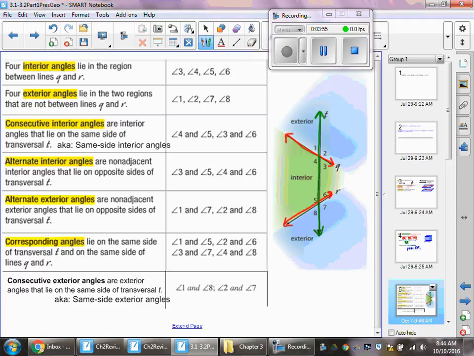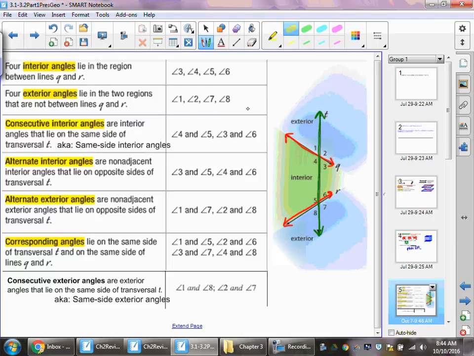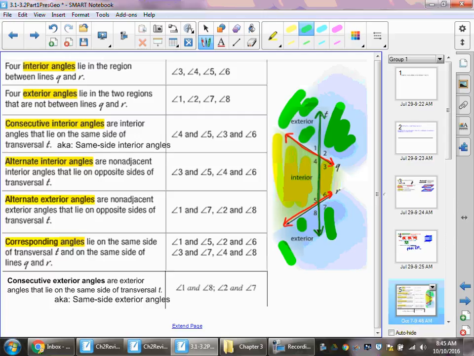Two lines cut by a transversal have special names for all the angles it creates. The interior is between the 2 lines, and the exterior is outside those 2 lines.